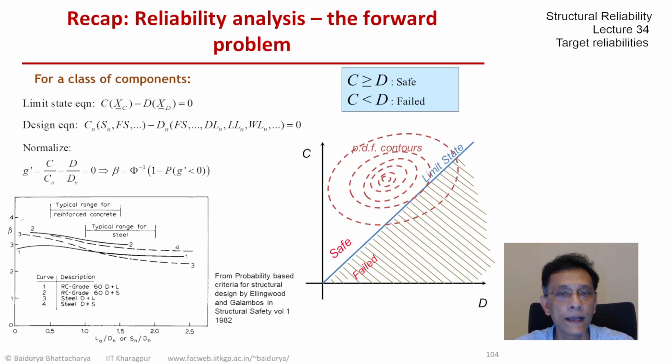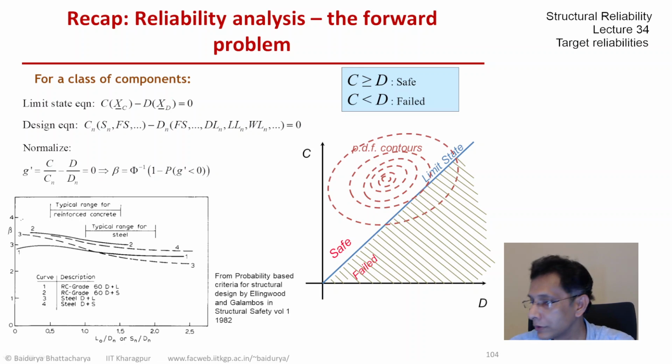So on the x-axis you see all the nominal load ratios which we have used in the past week, and on the y-axis you see the beta values, and you see the range of beta over these load ratios, and they vary for different load combinations, they vary for different materials and so on. So this was the basis of finding the beta values implied in the existing codes of the day.